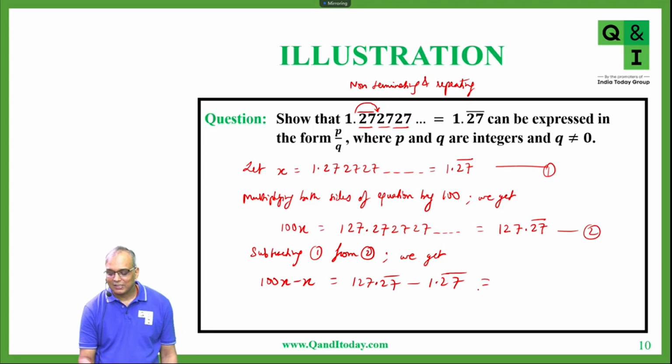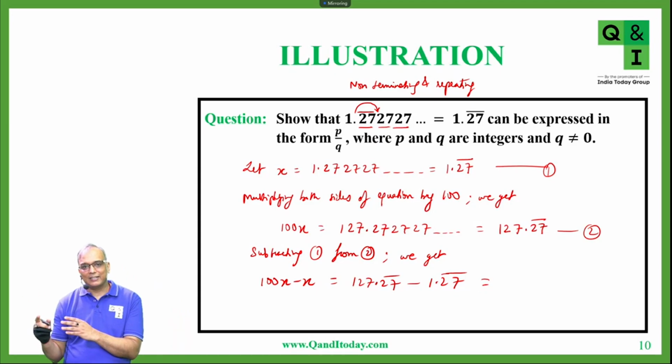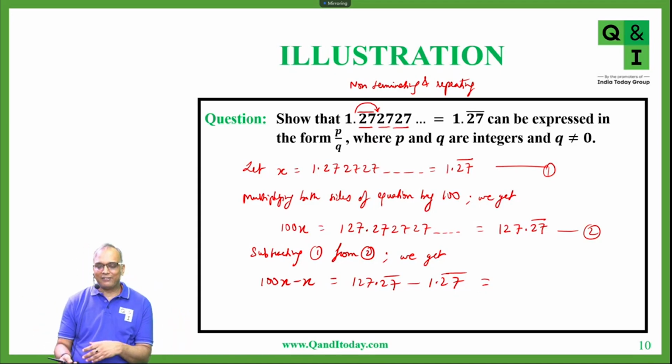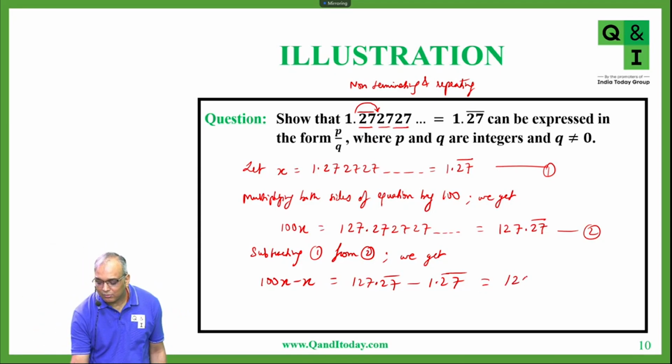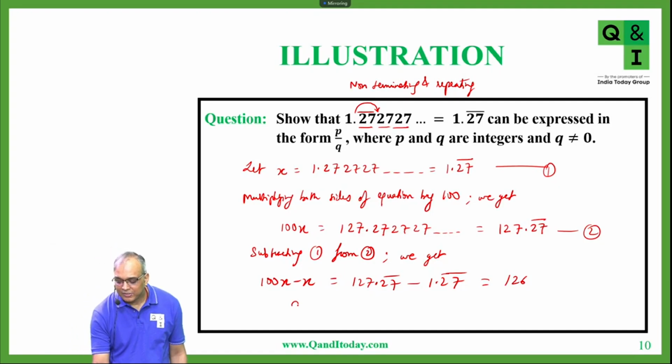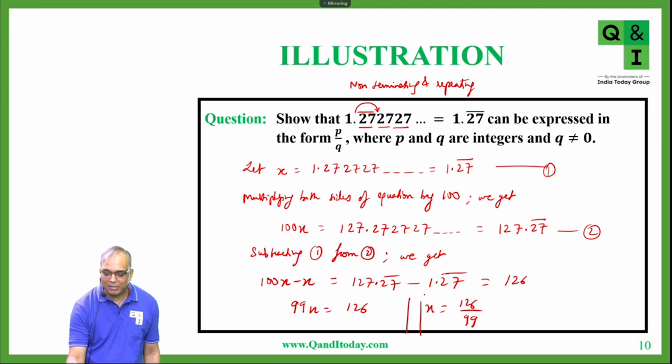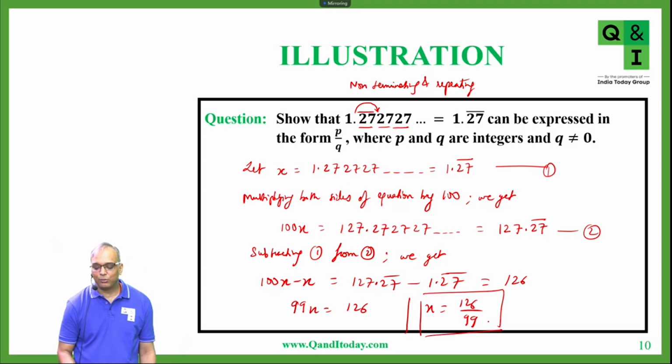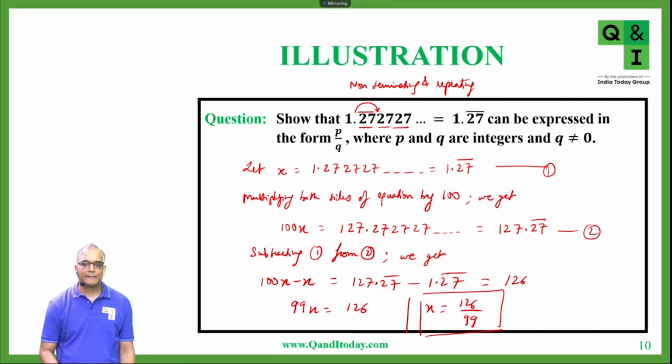So this 0.27 bar gets cancelled, right? You have 127 minus 1, which is 126. So this is 99x is equal to 126. This means x is equal to 126 over 99. So the P by Q form here is 126 by 99.